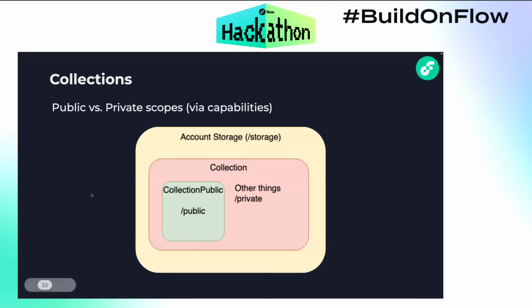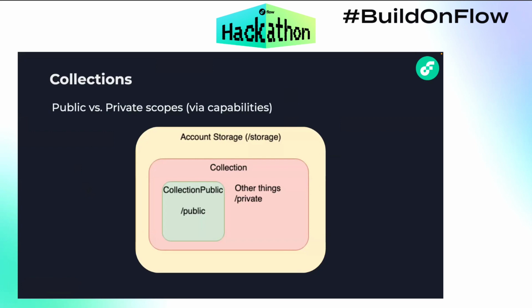So as I mentioned, you can now divide these resources. You would divide your collection resource into a public half and a private half. So your collection resource now has a collection public and a collection private, where you store different things inside of each.